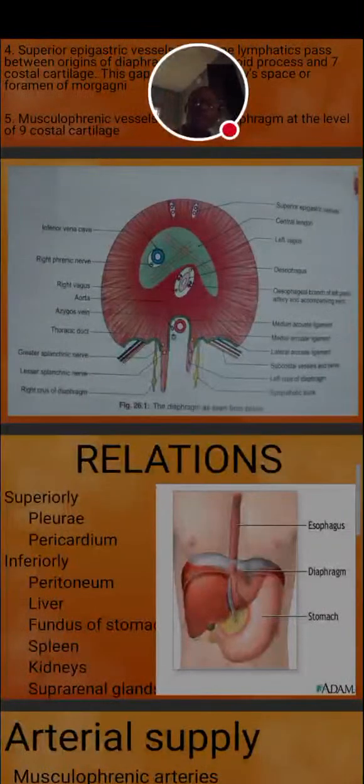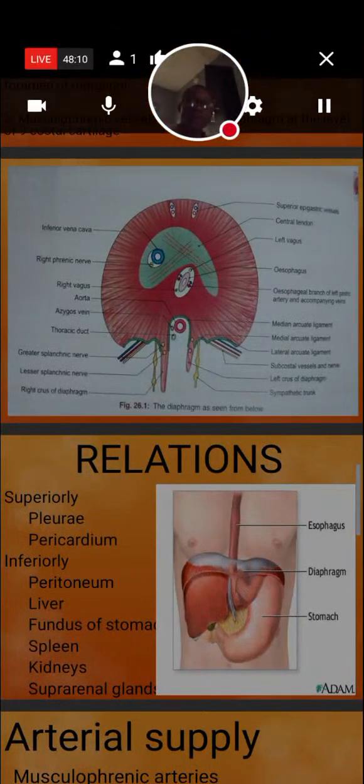We call it the medial arcuate ligament. Okay.